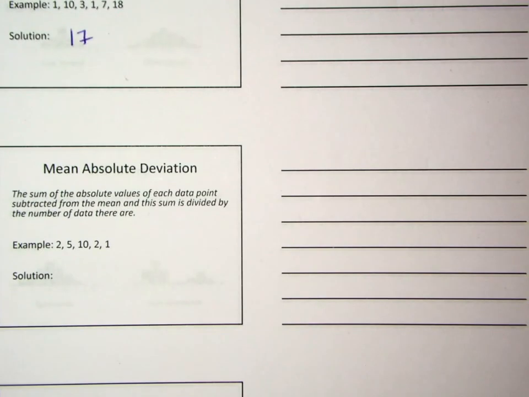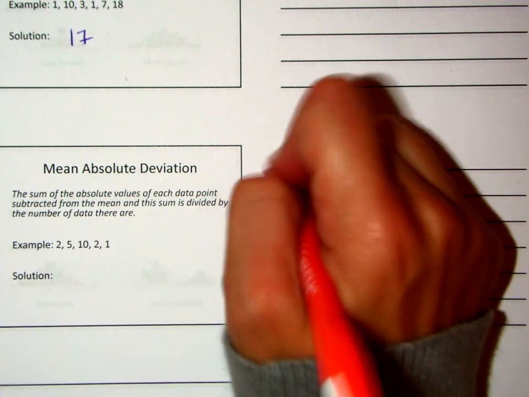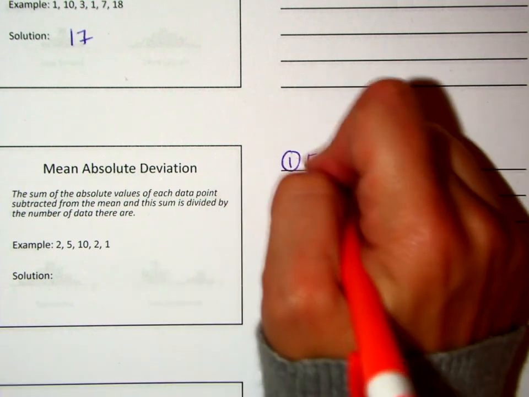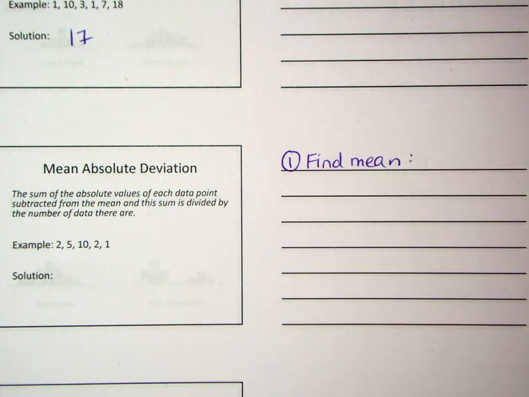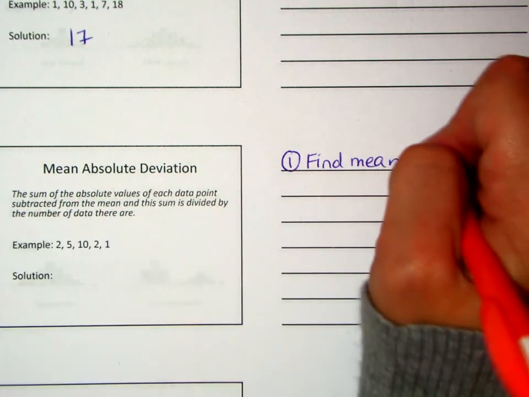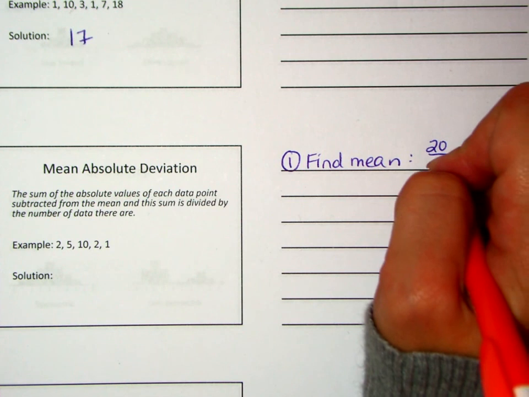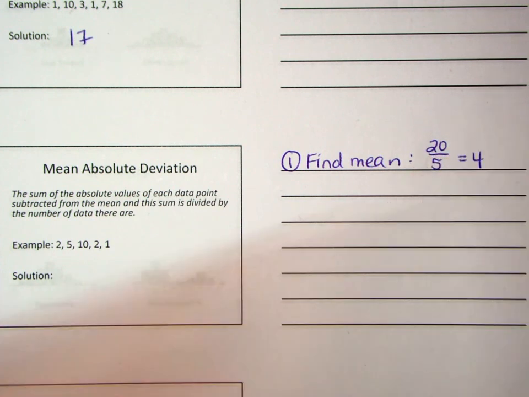Mean absolute deviation is another way to talk about variation, how much everything deviates away from the mean. So to do this, step number 1, you're going to actually need to find the mean of the data. So in this case, we're going to do 2 plus 5 plus 10 plus 2 plus 1, which is 20, divided by how many data points? 5, which makes the mean 4.